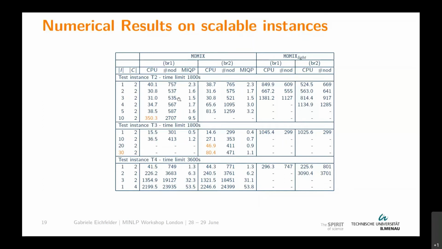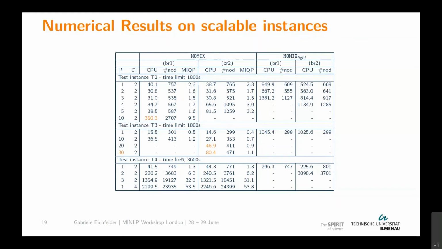Both branching rules here, scalable test instances, here the number of integer variables, here the number of continuous variables. And you can see that for some instances, branching rule number 1 was better, and for others, branching rule 2. But overall, it was always better to spend the time for making the more advanced discarding tests and using MOMIX instead of MOMIX Lite.